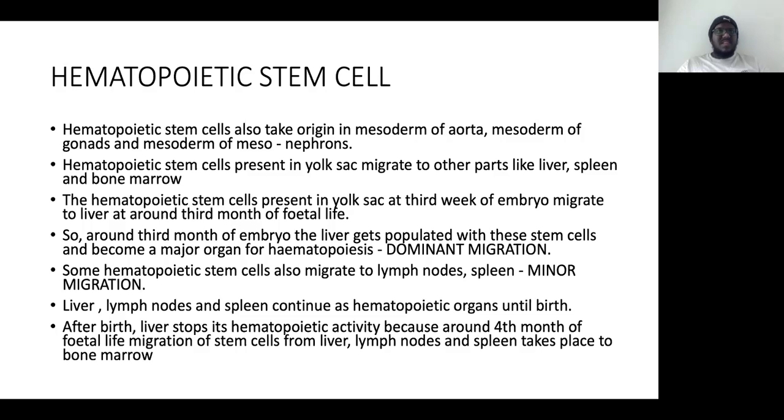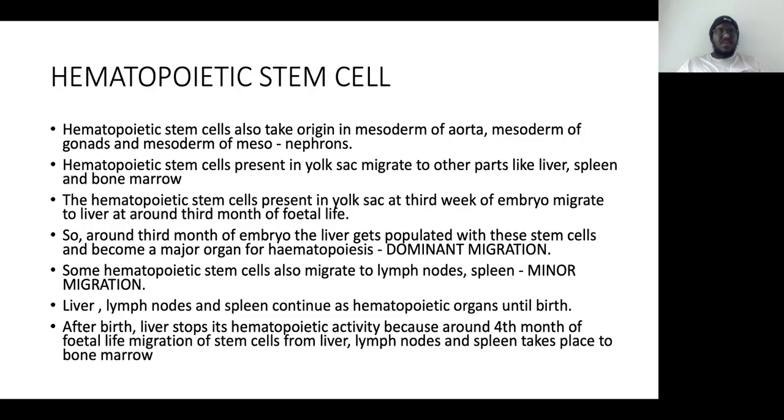The hematopoietic stem cells present in the yolk sac at the third week of the embryo migrate to the liver at around the third month of fetal life. So around the third month of the embryo, the liver gets populated with the stem cells and becomes a major organ for hematopoiesis, which we call dominant migration. Some hematopoietic stem cells also migrate to lymph nodes and spleen, which we call minor migration.